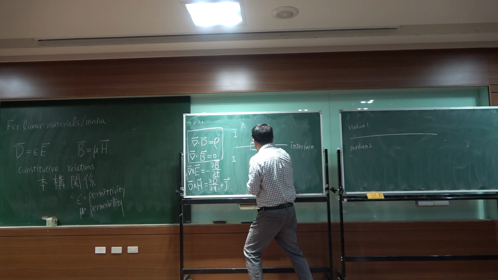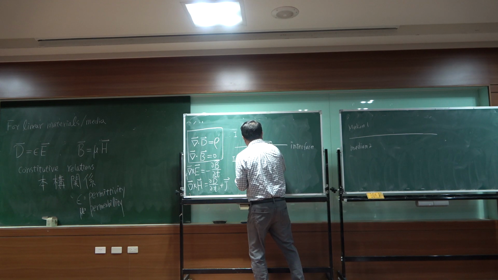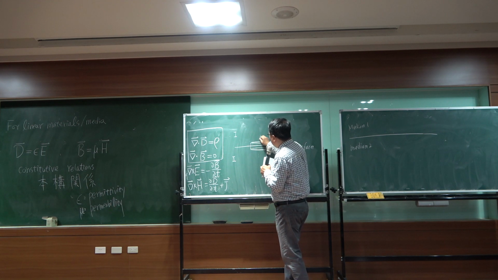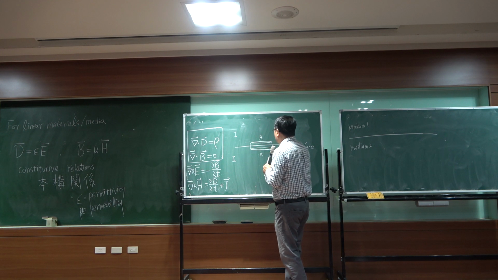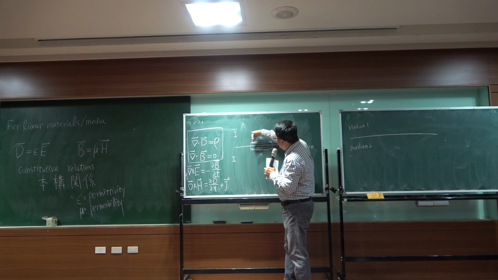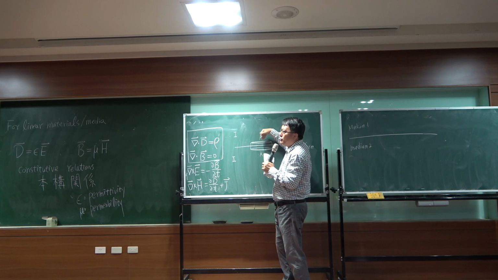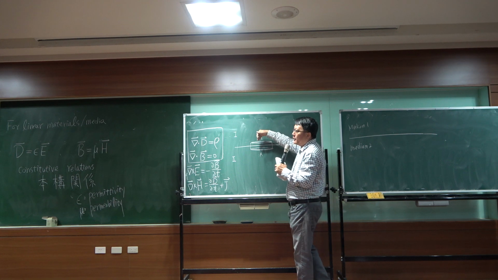The cylinder is small enough so that in the cross-section region, the field does not change significantly.